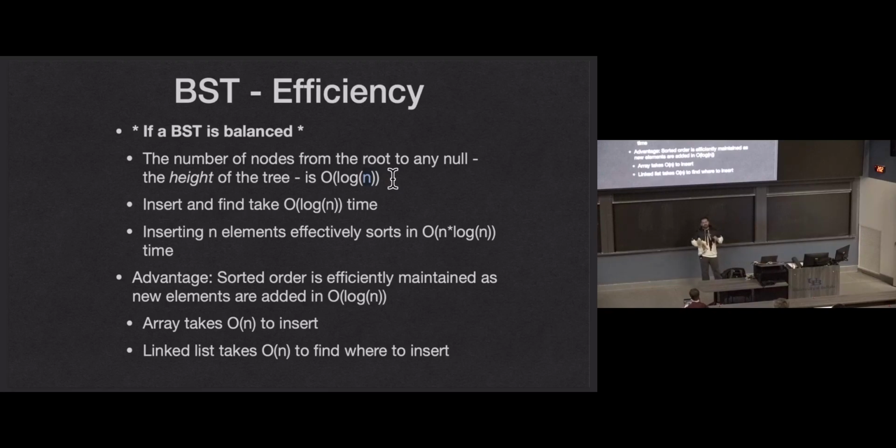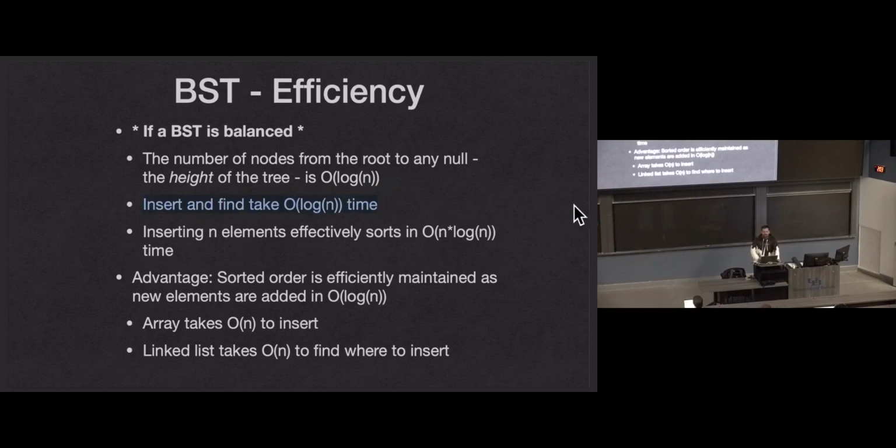So if we have 7 nodes in our binary tree in the example in lecture, the height of that tree is log of 7-ish. The big O, the asymptotic notation, means we're ignoring any constants. So it could be 100 times log n, it could be log n, it could be log n divided by 1,000. Whatever the constant is, we get rid of that and just say its order of growth is log n.